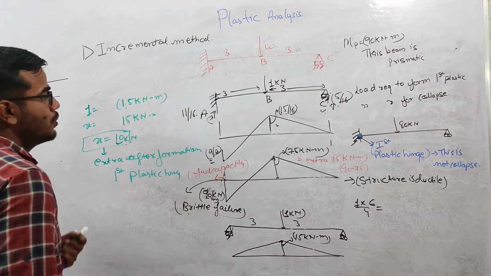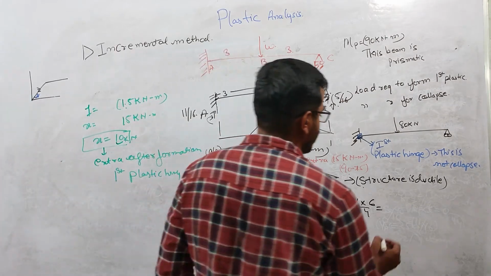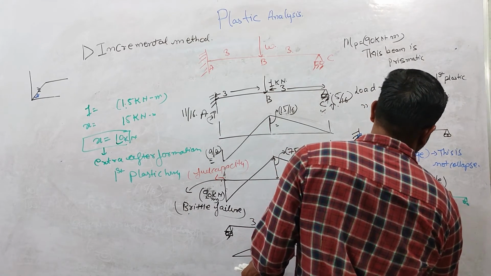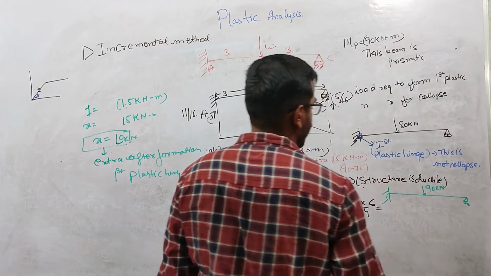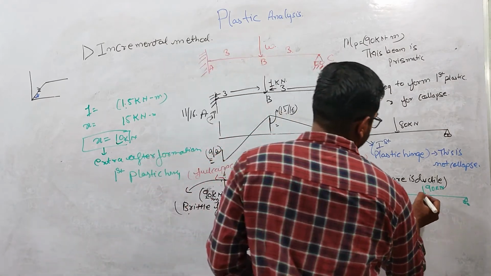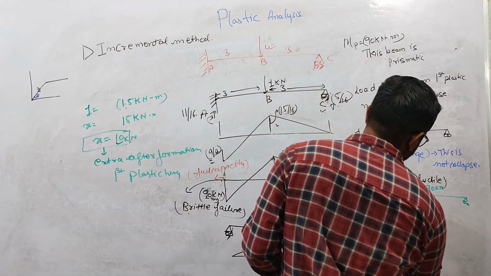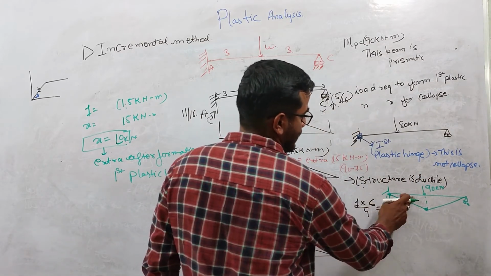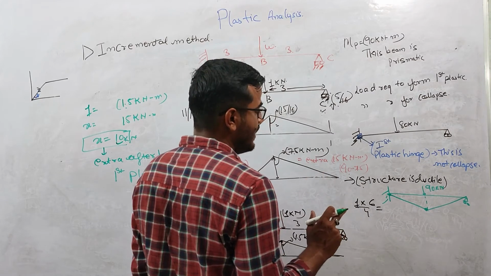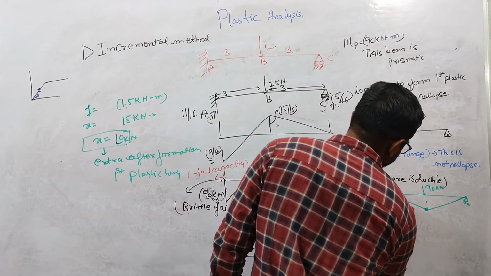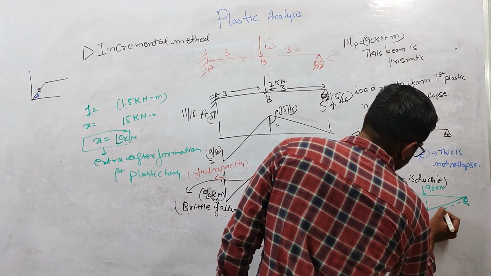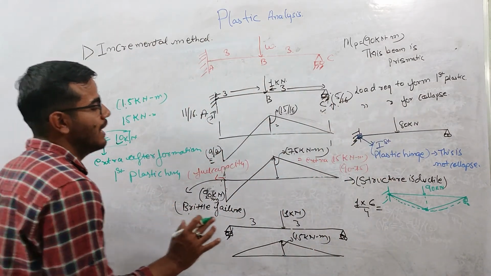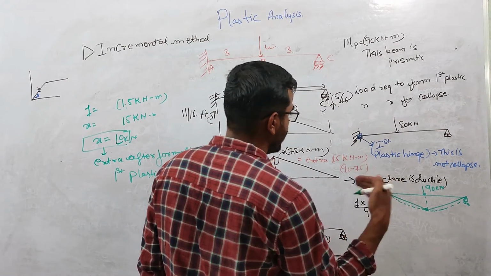So the total load at collapse will be 90 kilonewton. If a 90 kilonewton load is there, this beam will collapse. This diagram is during the collapse; actually there will be some bending at this point, and I am showing this moment only for the collapse.